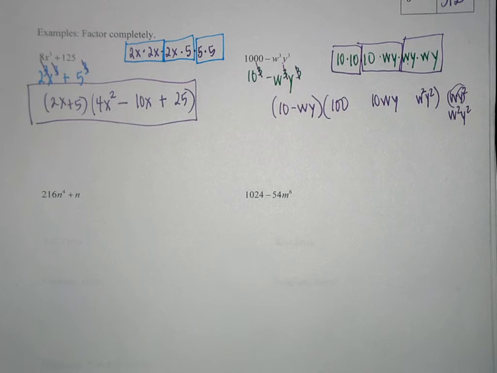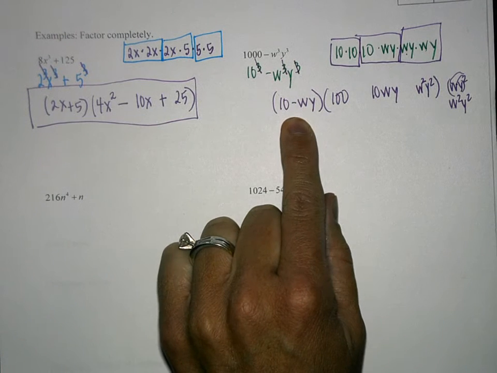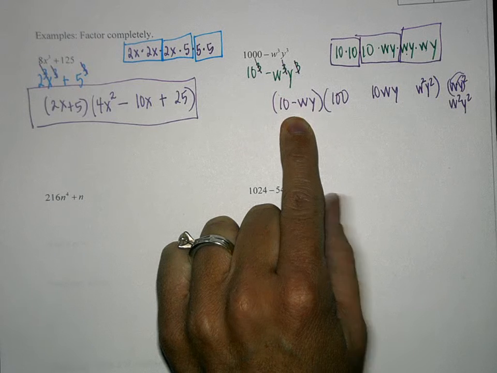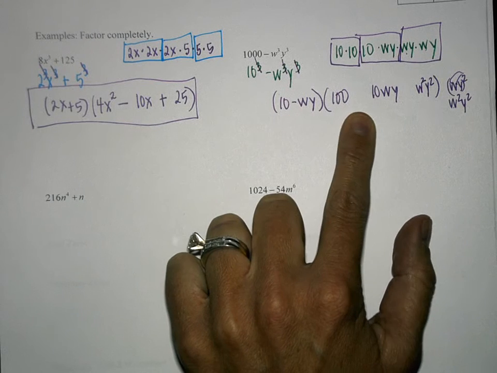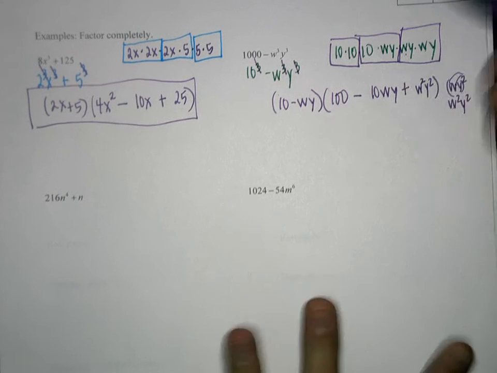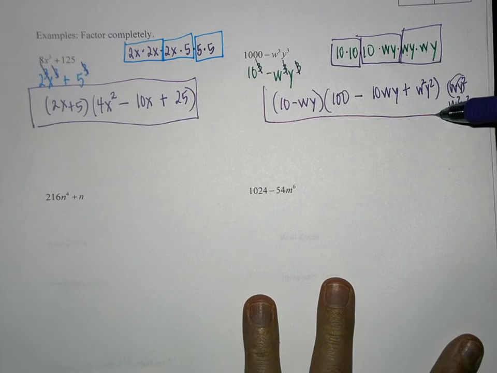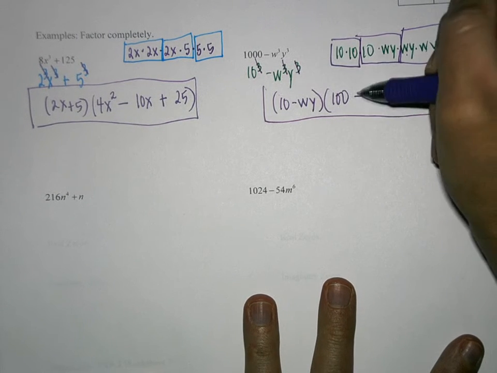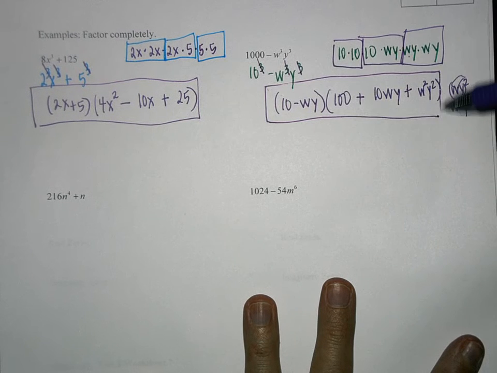Okay, so now use your SOAP, and first sign is always the same, which is already done. The next one is the opposite, and the last one is always positive. Yes. Very good. Candy for you.